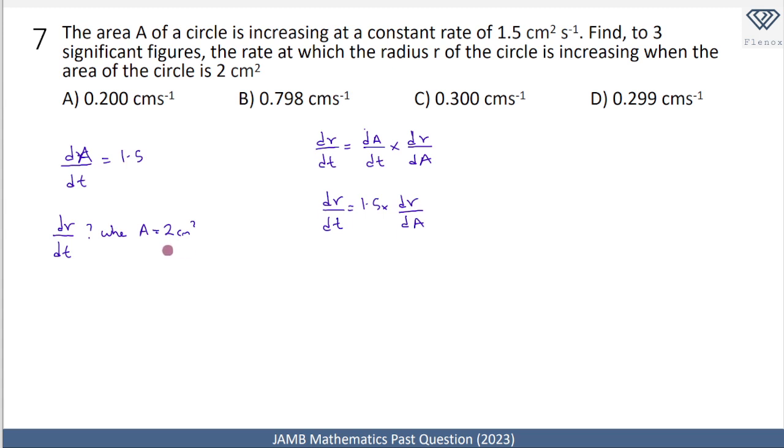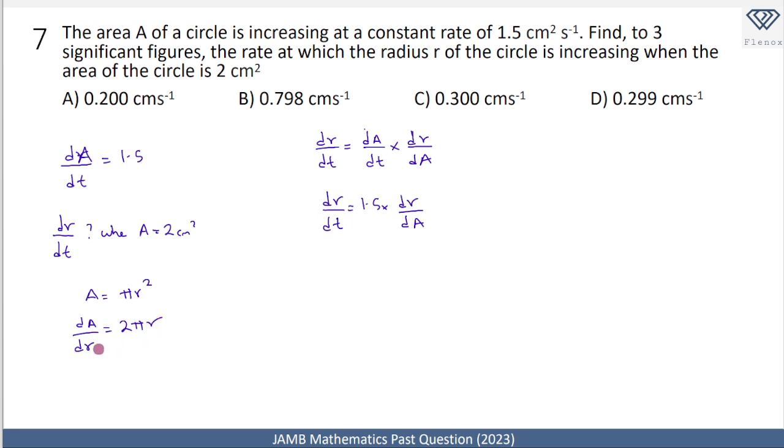Now, let's go back to the formula for the area of a circle. We know that the formula for the area of a circle is pi r squared, right? So if I differentiate this with respect to the radius, dA over dr is equal to 2 times pi times r.